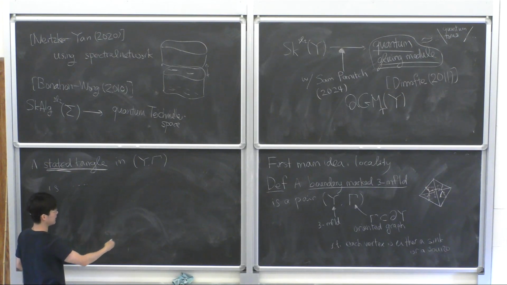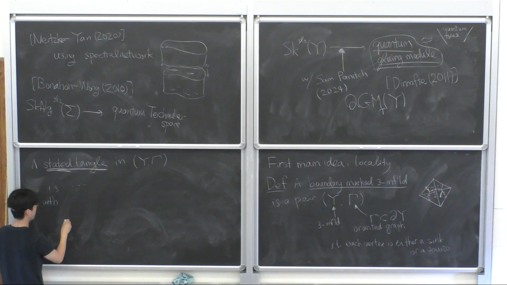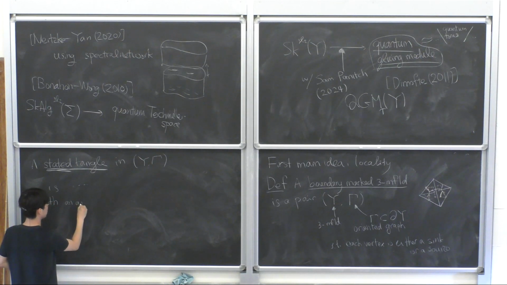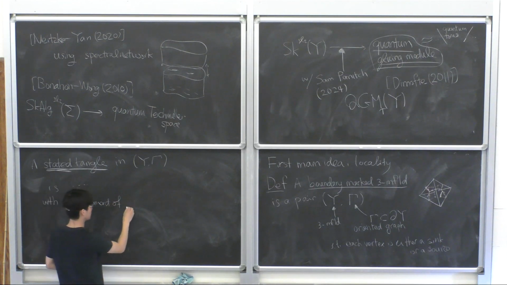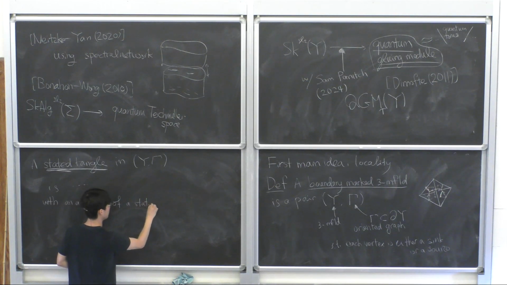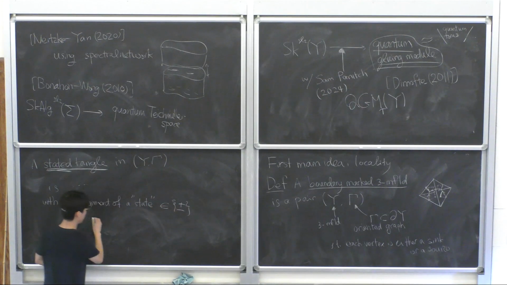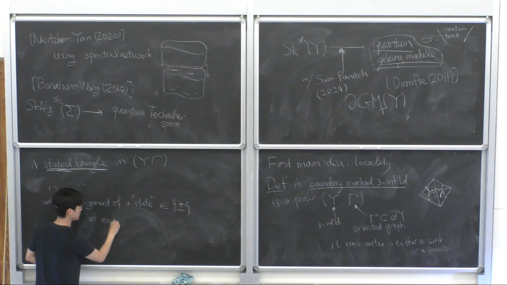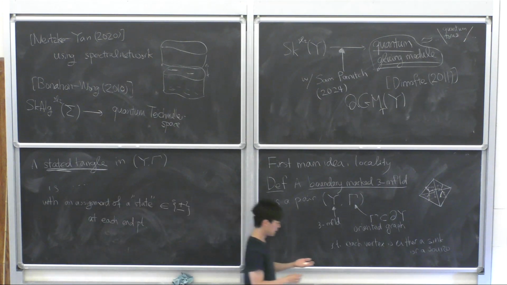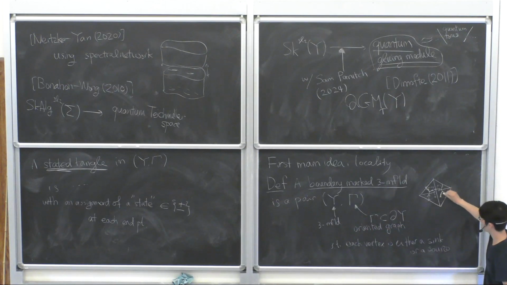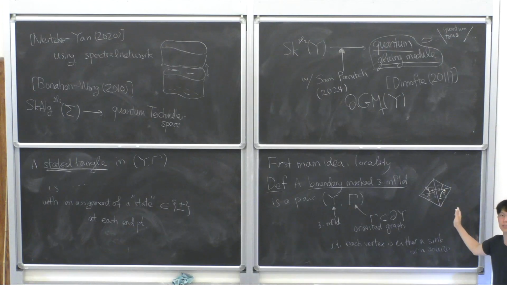A stated tangle is such a tangle with an assignment of a state, which is just a sign, either plus or minus, at each endpoint. In this picture, this simple tangle has two endpoints. Let's say it's plus minus. This would be an example of a stated tangle.